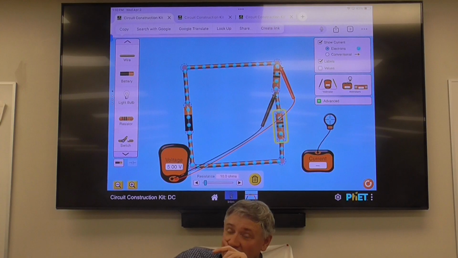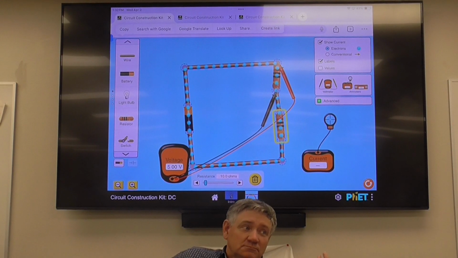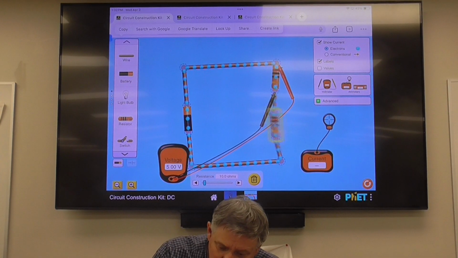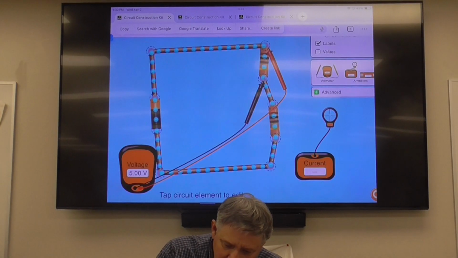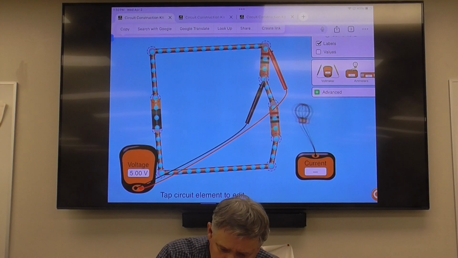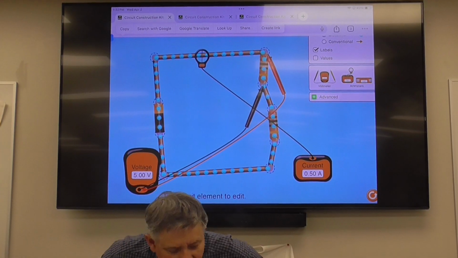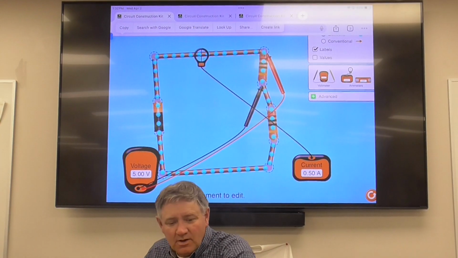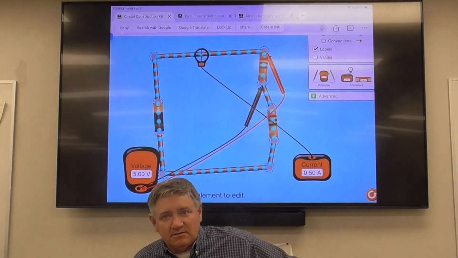Okay, all right. So if you look at V equals IR, the current going into this thing is a half an amp going into a 10 ohm resistor.